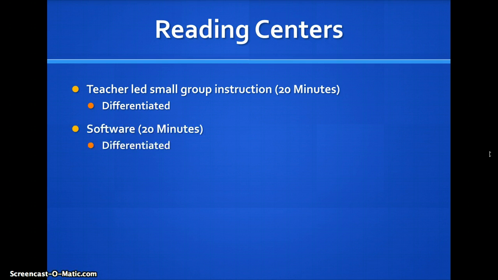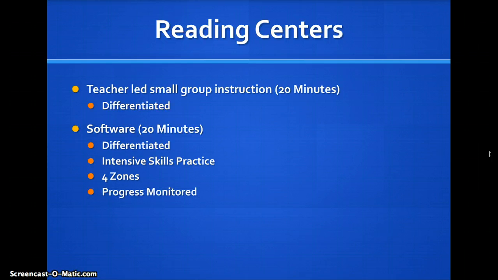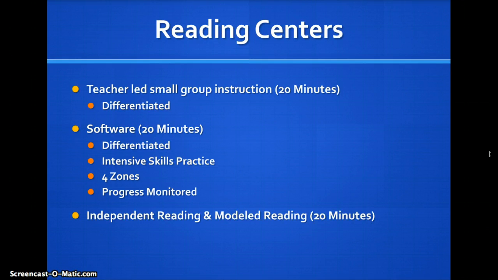The software is differentiated for each individual student's needs, includes intensive skills practice, and has 4 zones for each passage. Student progress is monitored in a way that enables both teachers and students to be able to view it. Finally, there are independent and modeled reading centers, which include the use of paperbacks and audiobooks.